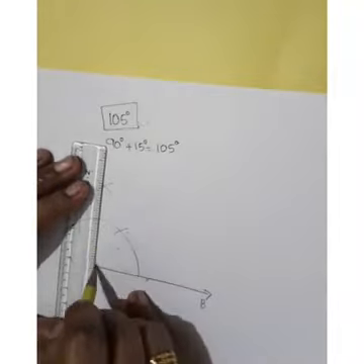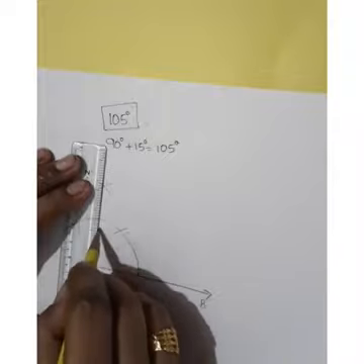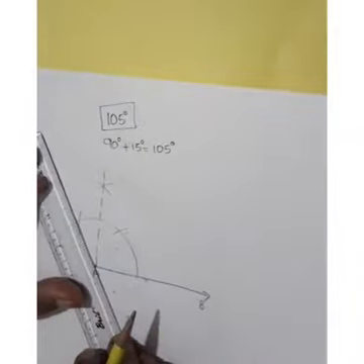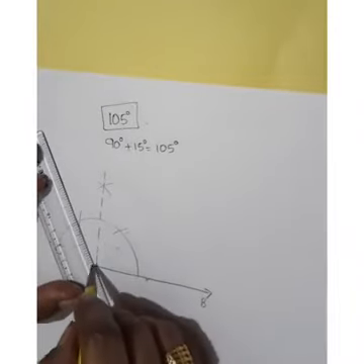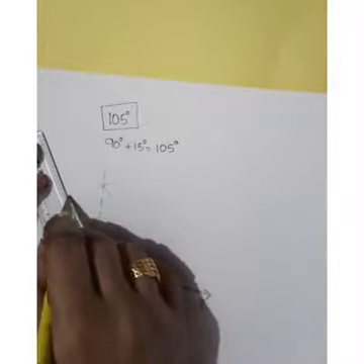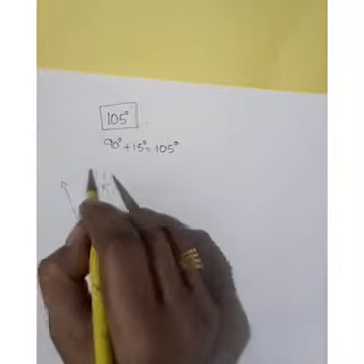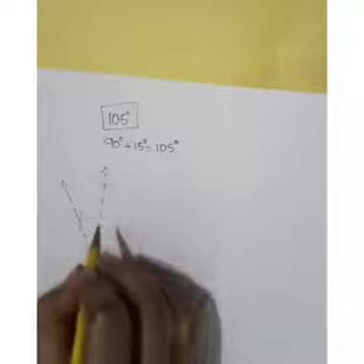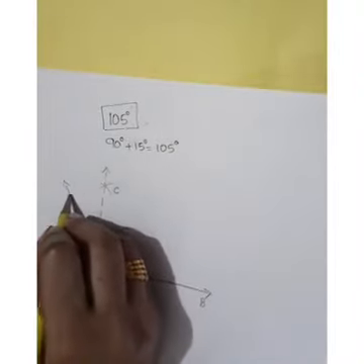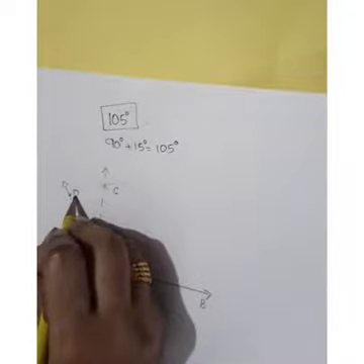So here it is. Dotted lines you can use for drawing these lines. So this is 120 ray, this 90 ray, this is C, this is D.